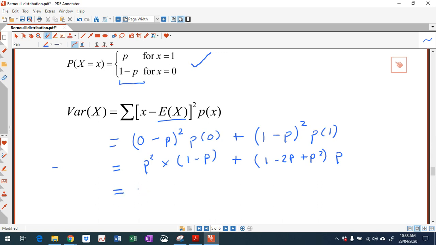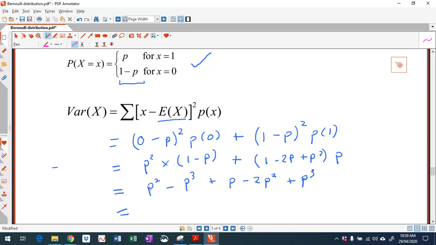What does that equal? You're going to get p squared minus p cubed, plus, let me just fix up that 3 there, p cubed plus p, so I'm just expanding the brackets, minus 2p squared plus p cubed. So let's do some simplifying.